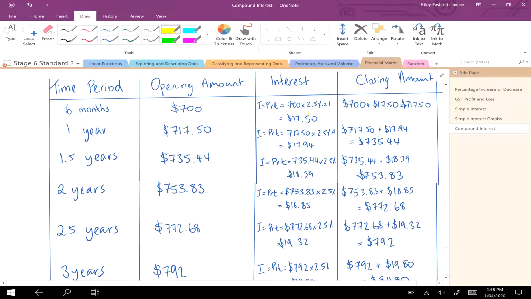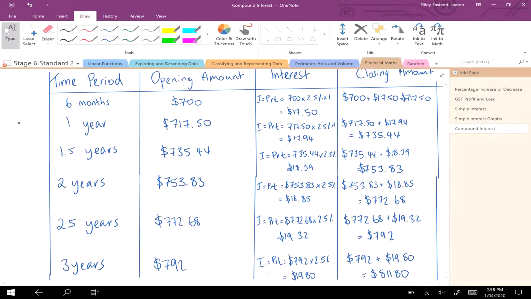We calculate the interest based on what our opening amount is for each period. So here, our opening amount would be $700. Here it's $717.50. Here it's $735.44, and so forth, all the way down. And then our opening amount added with our interest is our closing amount. There you go.